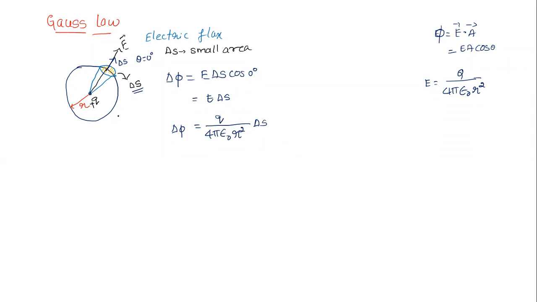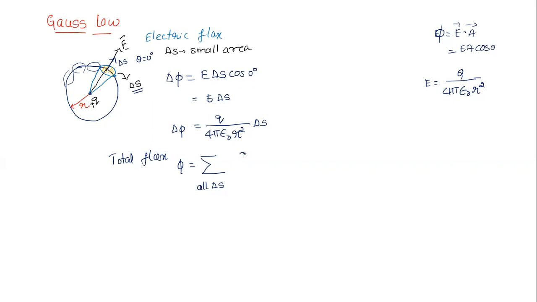Like this, if we complete it, it is like a sphere, right? So what I need to find now is the total flux. The total flux phi is equal to the summation over all the delta S, like this delta S, and here you can consider one more, and so on. There are so many that I'm going to consider, completing the whole sphere.